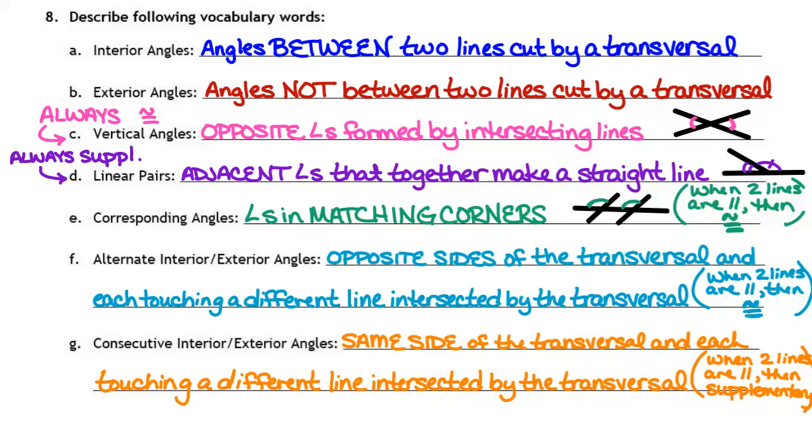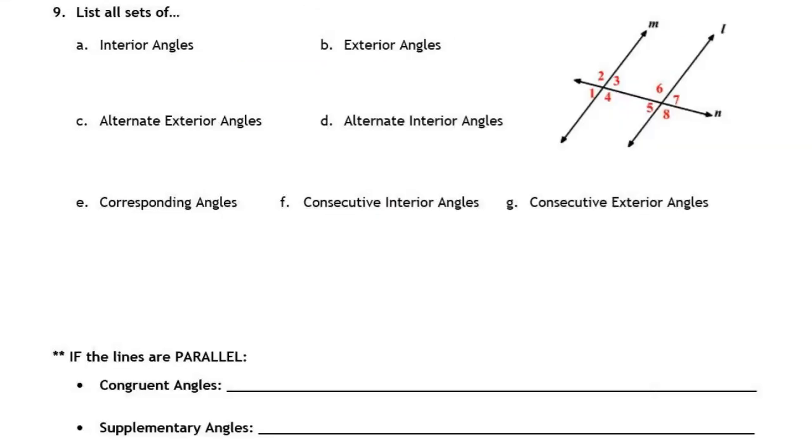All right. Let's do an example where we have to look at some of these. So I'm down here at number 9. We're going to list all of the interior angles. Which angles here would be my interior angles? Yep, 3, 4, 5, and 6.